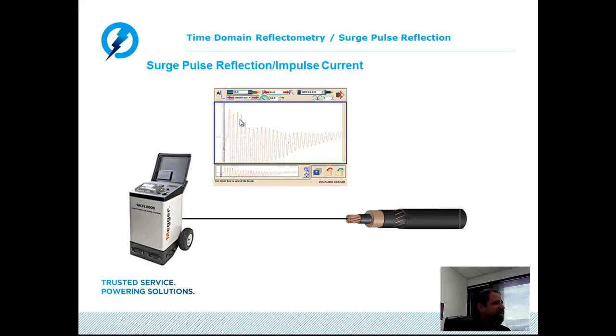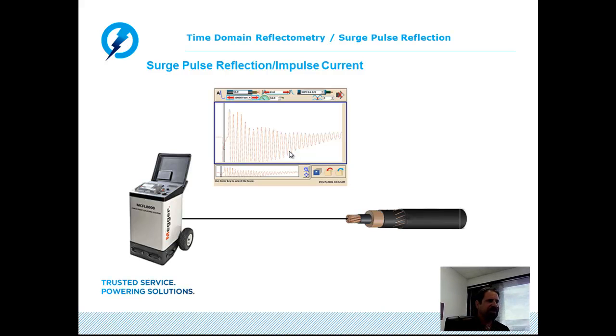So the result is a repetitive oscillatory waveform that kind of looks like a shock wave, or sometimes referred to as a sideways tornado. Since the reflection points are the thumper capacitor and the arc established by the fault, if we measure between any two consecutive peaks, in essence, we can determine distance between equipment and fault.